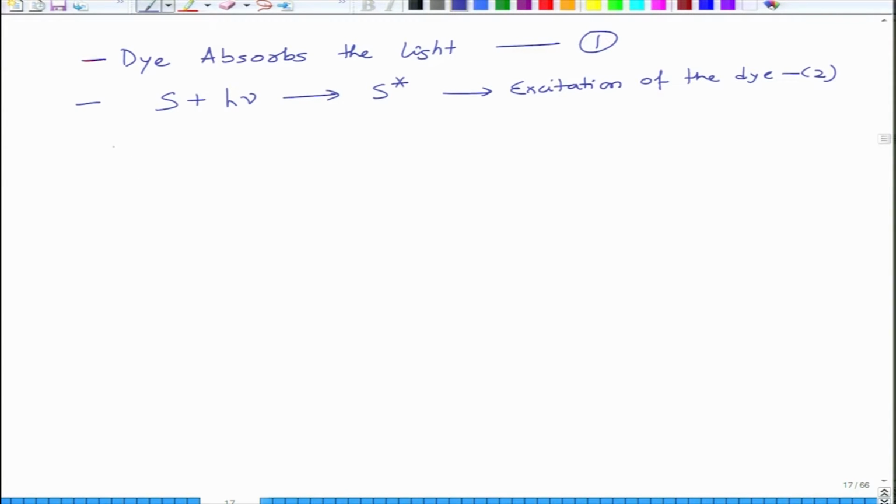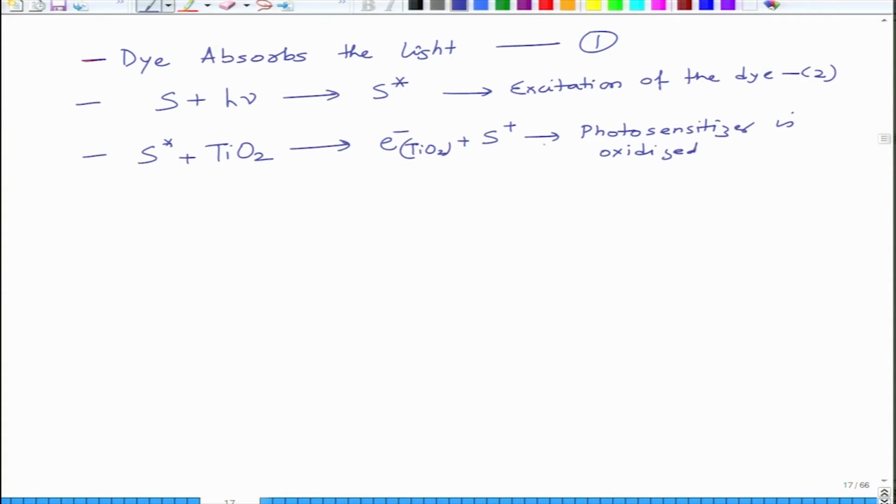Then this excited dye, which is in contact with the TiO2, leads to electron generation. So, this photosensitizer becomes photo-excited, and from the excited state, this dye becomes oxidized, and an electron is created.